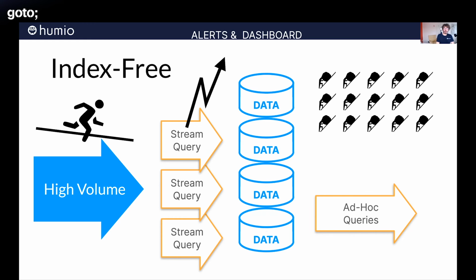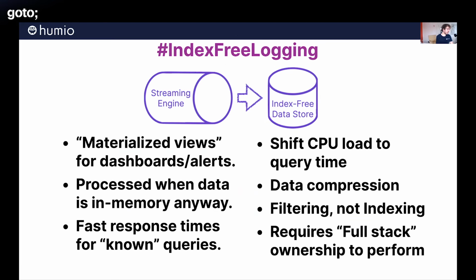So those two sides of the engine. In streaming, you can get materialized views. You process the data when it's in memory anyway, because it's passing through. It just arrived. We're looking at it before we store it, so there's no I/O overhead there, and it gives really good response times for known queries. So when you have a dashboard, that would be computed in the streaming engine.